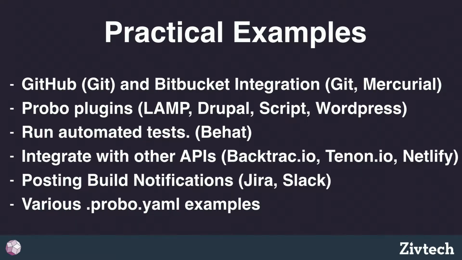You can also post build notifications back to your chat of choice. So we have JIRA, which isn't really chat, but it's just different communication stacks that you can connect to. So I have a JIRA API connection and a Slack API connection that I have examples for, and I have a bunch of other various Probo.YAML examples.